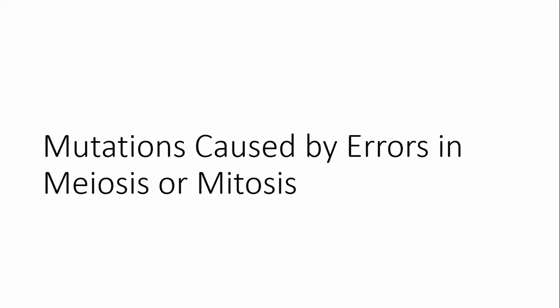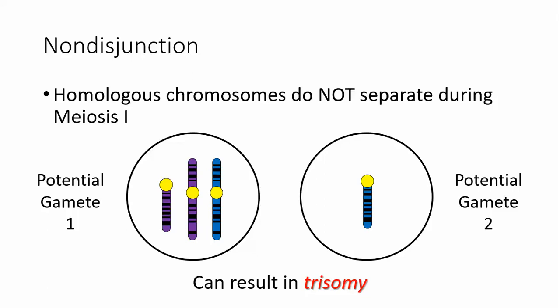There are also some mutations caused by errors in mitosis and meiosis. The most common one is nondisjunction, and that is when homologous chromosomes don't separate during meiosis 1, or you can also have it happen when sister chromatids don't separate during meiosis 2. The end result is you have 2 copies of a particular chromosome in one gamete, or you could have 0 copies of a particular chromosome in another gamete.